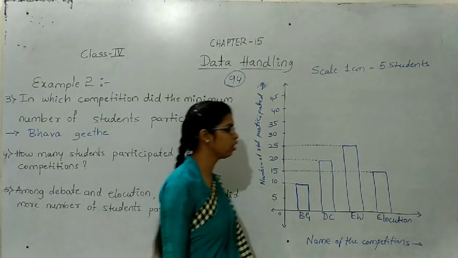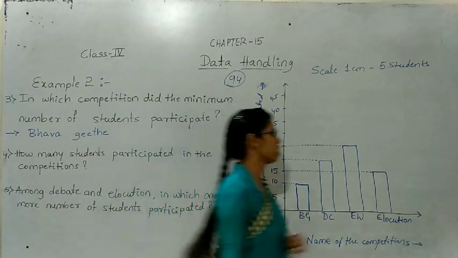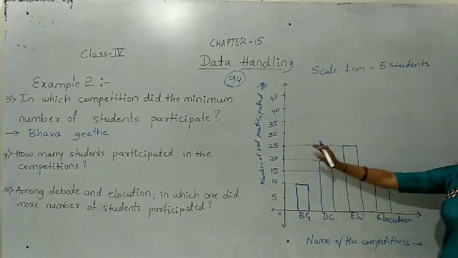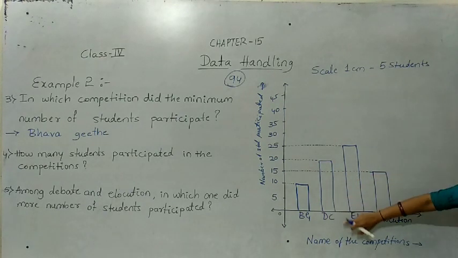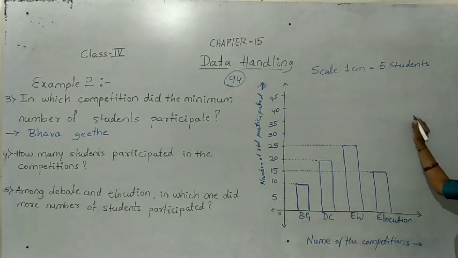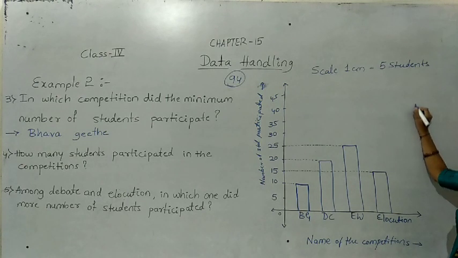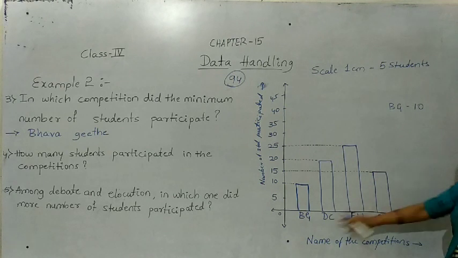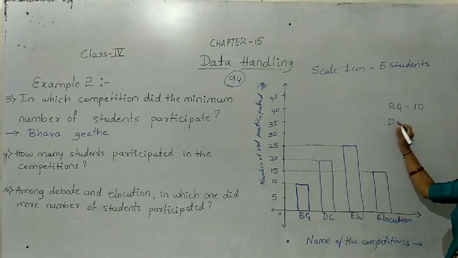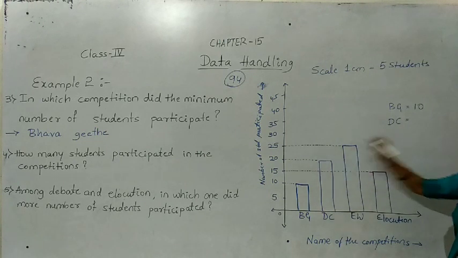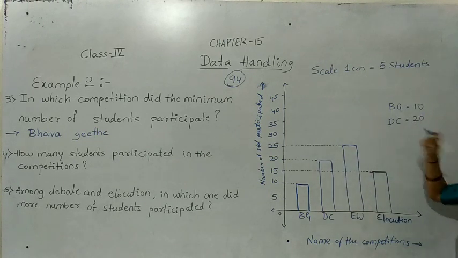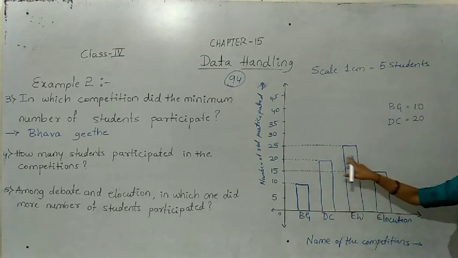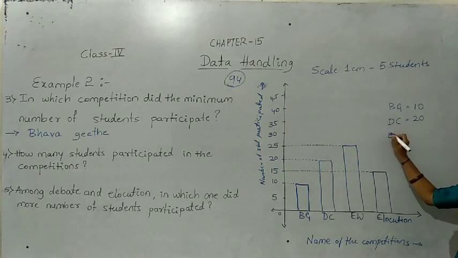Okay. The fourth one, how many students participated in the competition? Here they are asking the total number of students. How many members participated in all the competitions? See, first one, Bhava Geet, how many members? 10. And the second one is the debate competition, 20 members. And the third one is essay writing, that is 25 members.